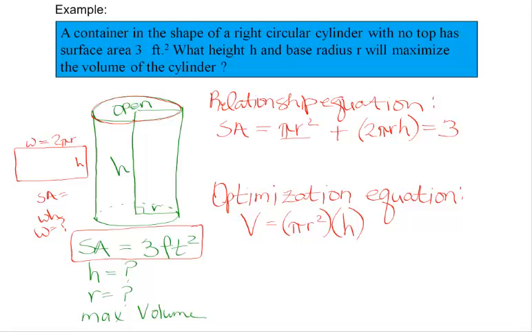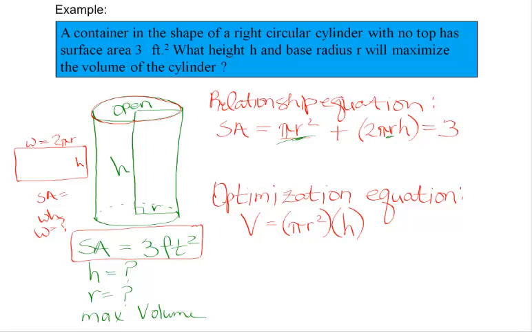So there's my relationship between R and H, and I'm going to use that to write my volume, my optimization equation, in terms of only one variable. I can see here that it's going to be much easier for me to solve this thing for H and put H in terms of R. So that's what I'm going to go about doing.